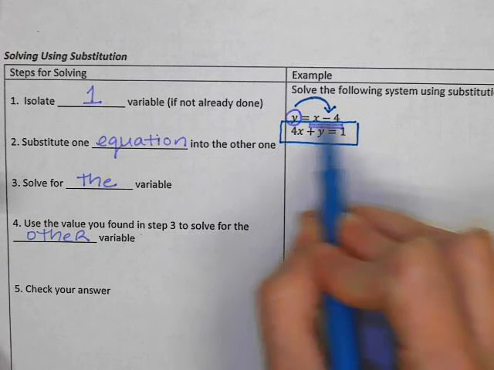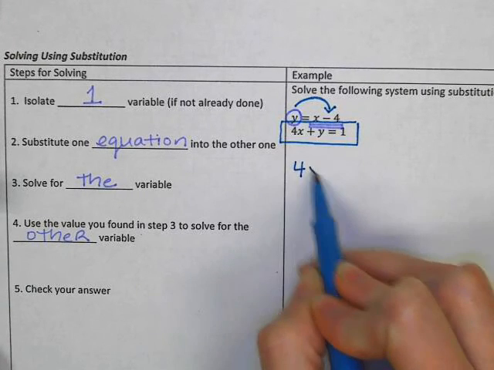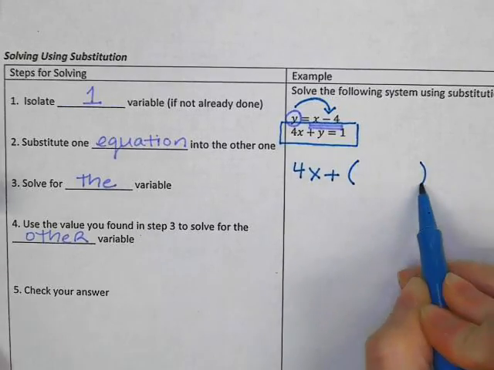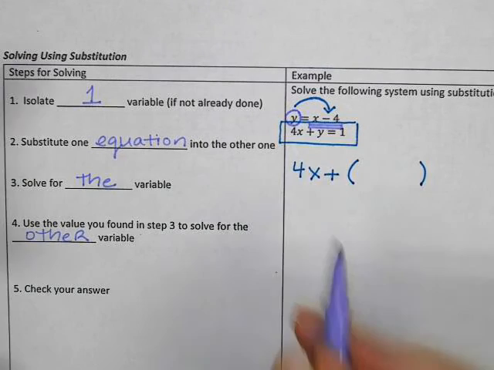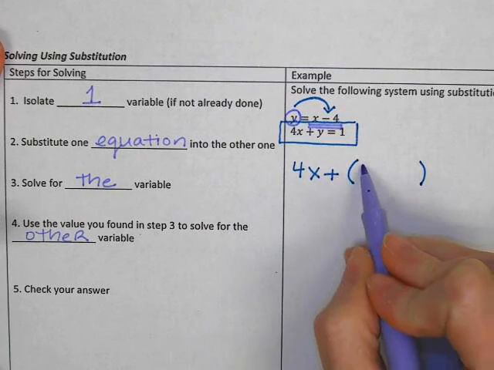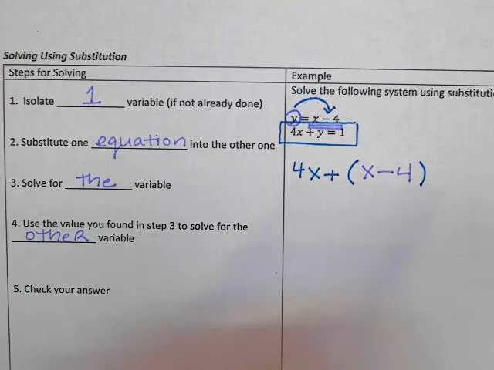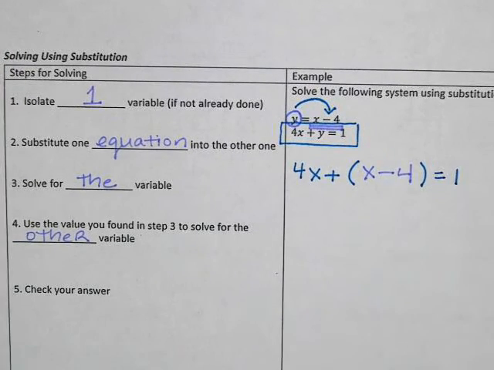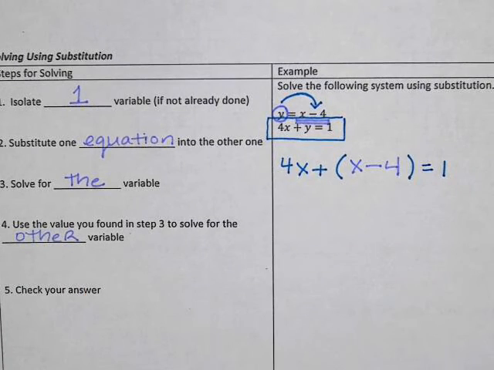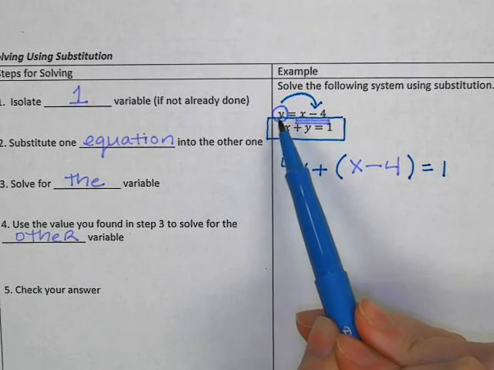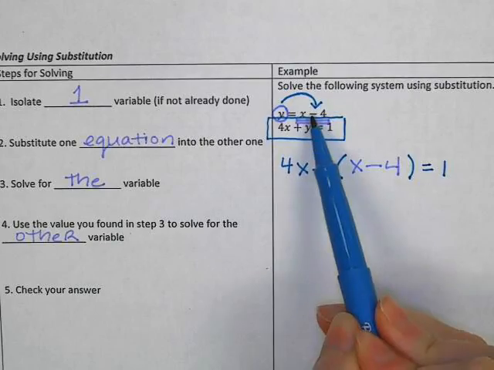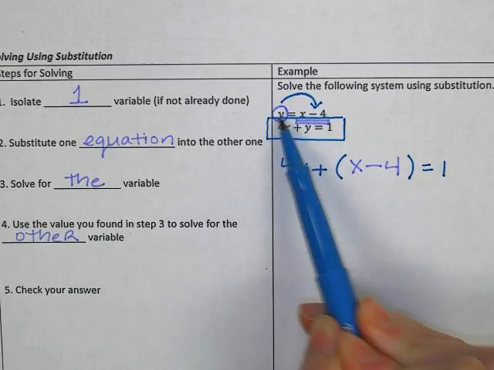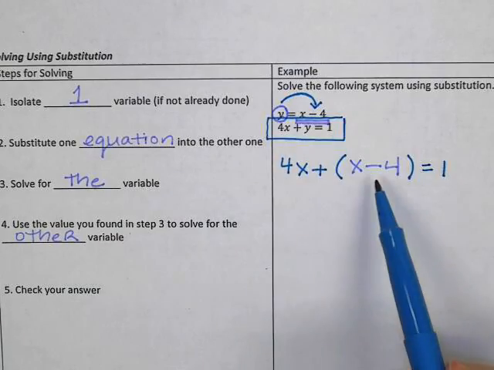So we're going to rewrite this, but wherever we see the letter y, we're going to put a parenthesis and we're going to sub in its replacement, y is equal to x minus 4. And then I'm just going to continue writing the equation. Okay, so let's pause there. That's the confusing part. So you find a variable, find its substitution, and then into the other equation, when you see that variable, you replace it with its substitution.